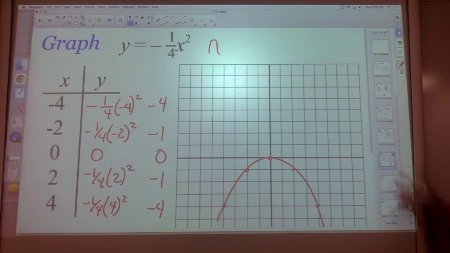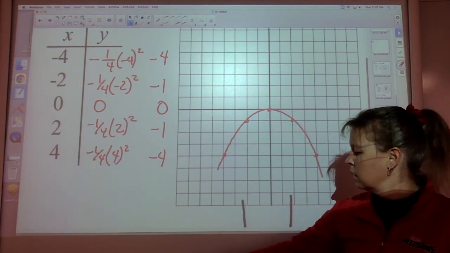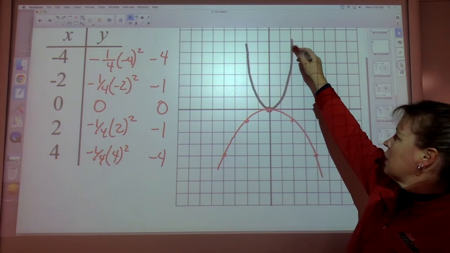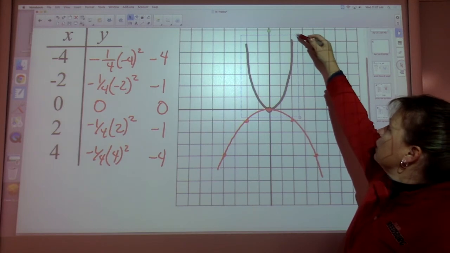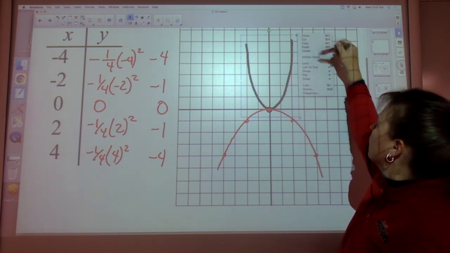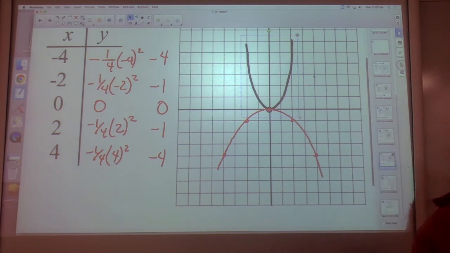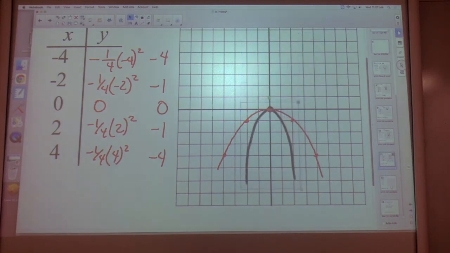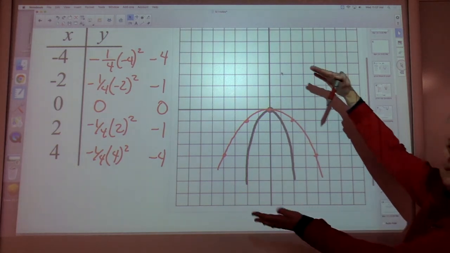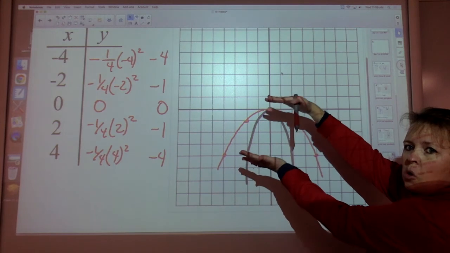What did that graph do compared to the original parabola? Here's our parent, y equals x squared. Not only did it flip it and reflect it, see if it'll let me flip it. Might not, but it might. Let me try it. Not only did it reflect it, but it also made it, try to visualize this, shorter.